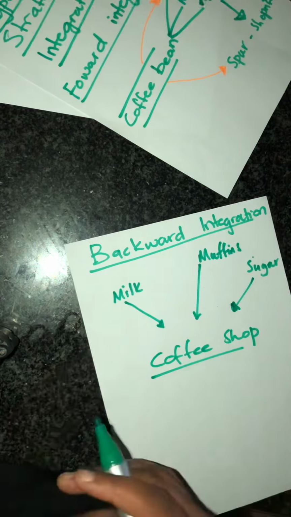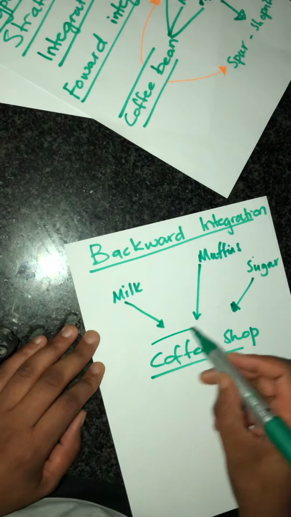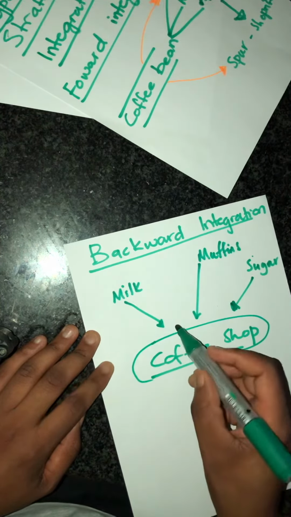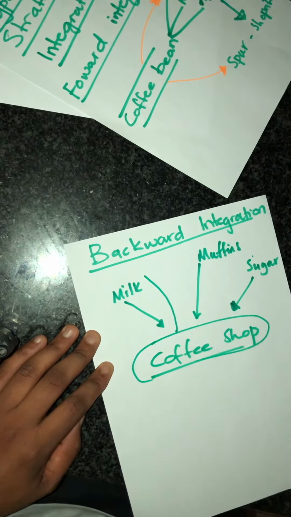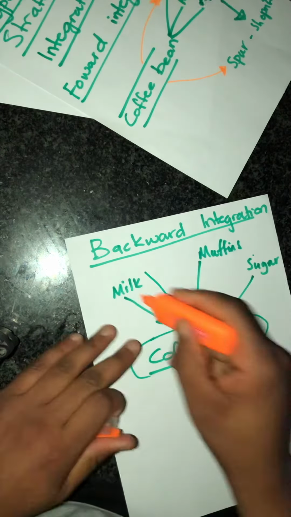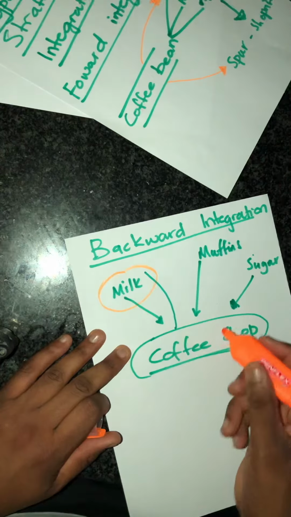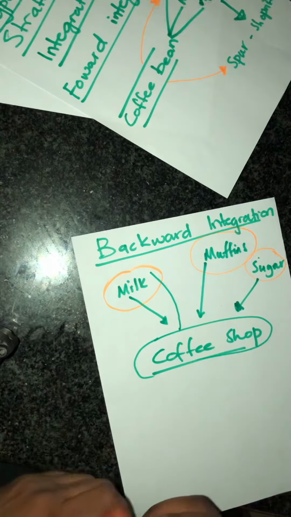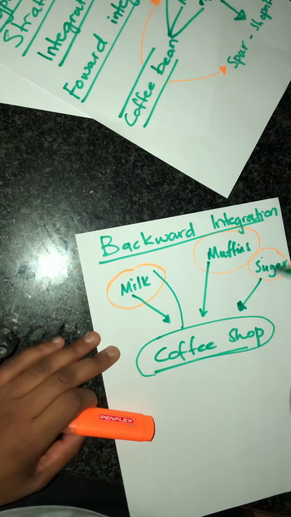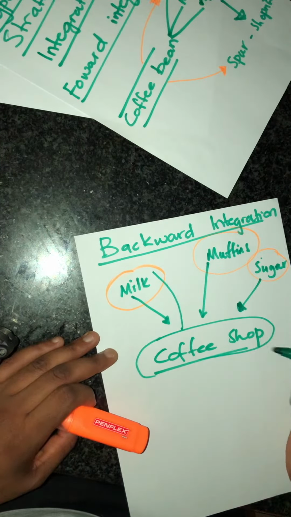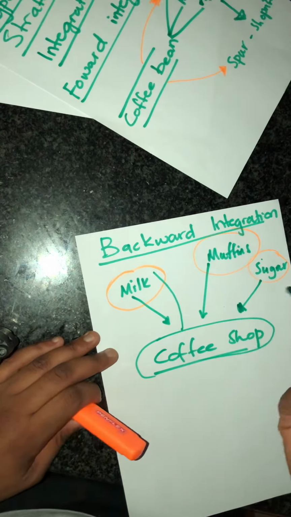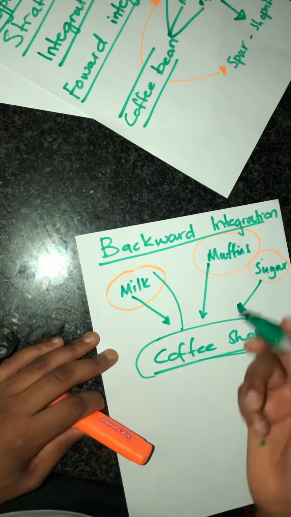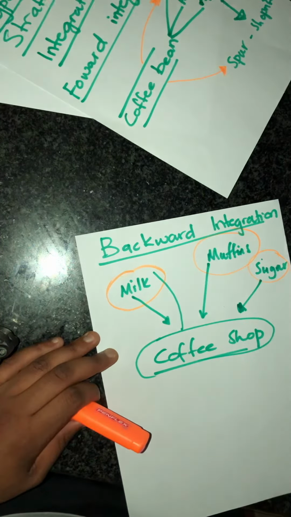Now, backward integration is when the coffee shop takes ownership of your milk suppliers, your muffin suppliers, as well as your sugar suppliers, so as to increase your profits. Because if you own them, obviously there'll be a lower price in terms of supplies, and you'll maximize your profit.